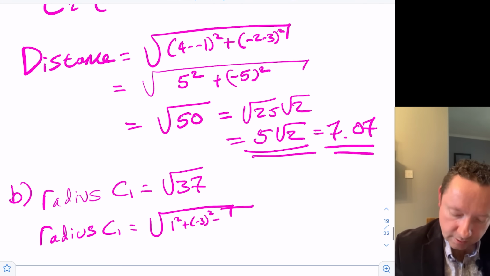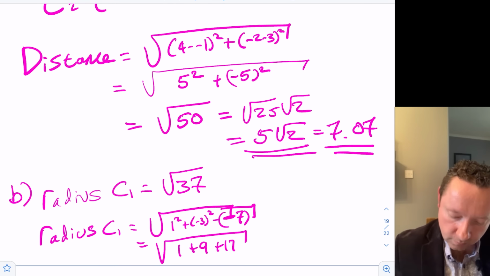So that is 1 times 1 is 1, 3 3s are 9, minus minus 7 is plus 7. And 9 plus 1 is 10, plus 7 is root 17.